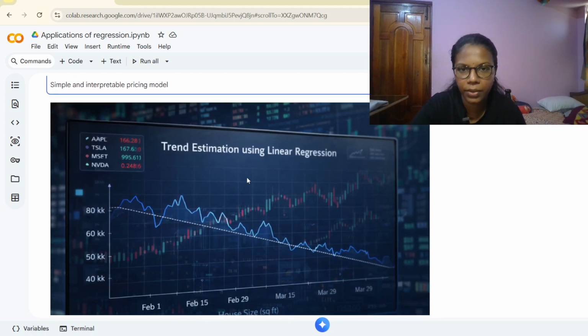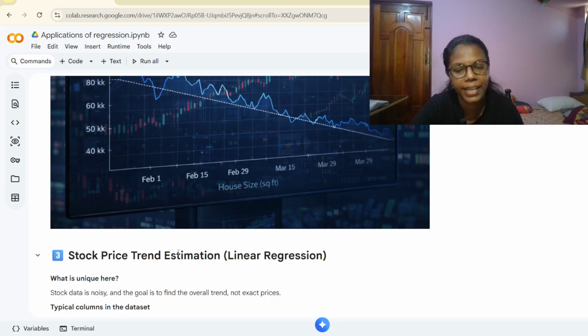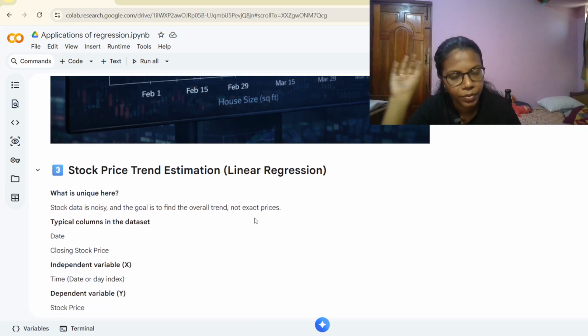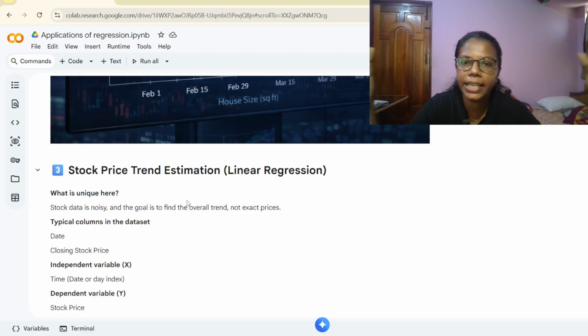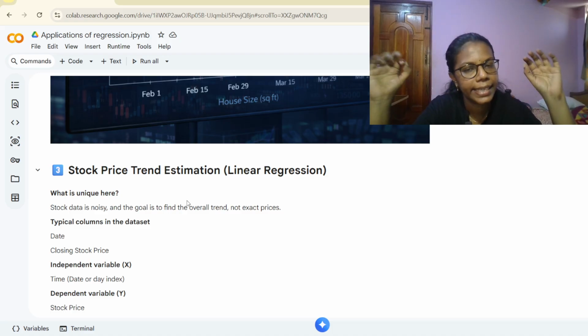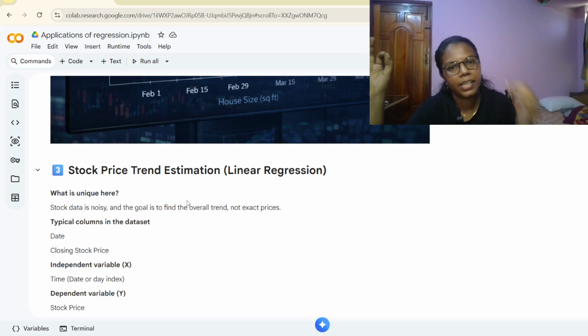The third application that we are going to see is trend estimation, specifically stock price trend estimation. We know that the ones who invest in stocks are really earning more. But how is it actually happening? They clearly analyze and understand the data.